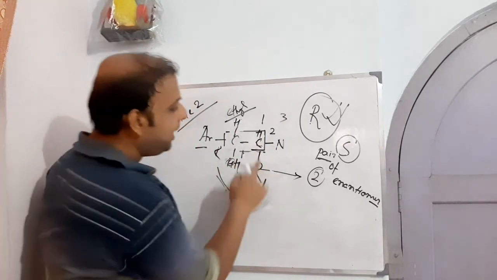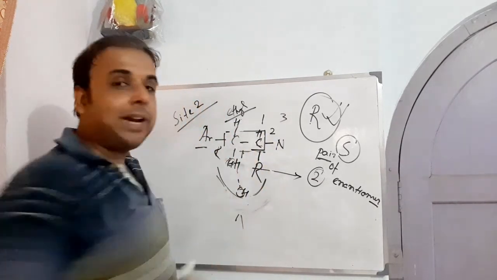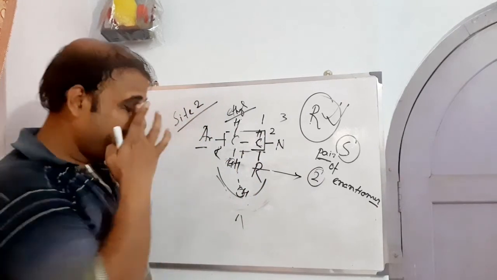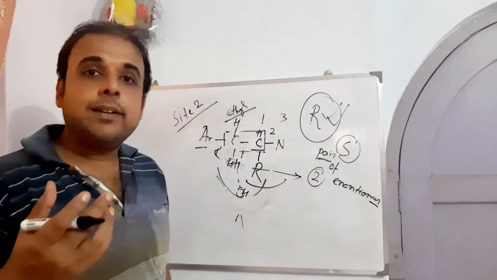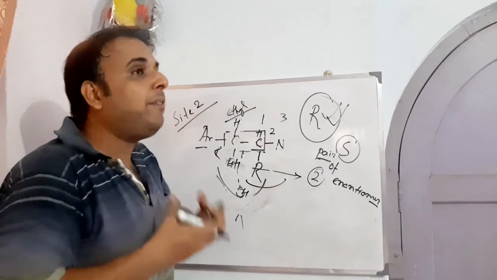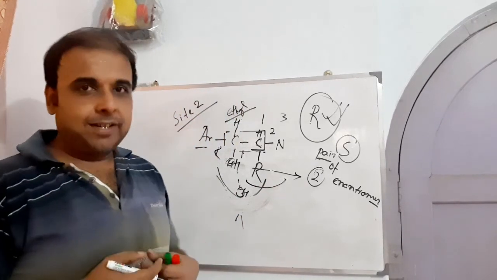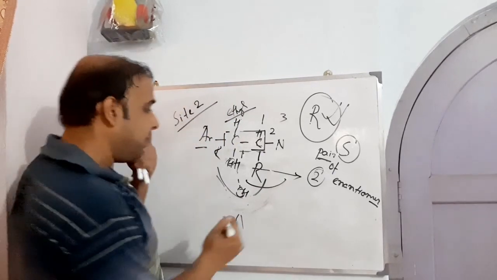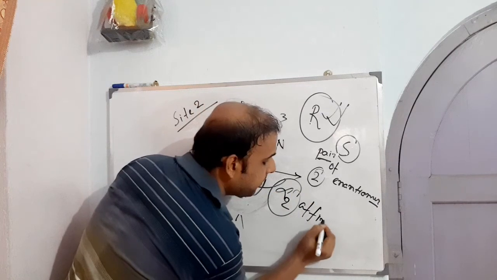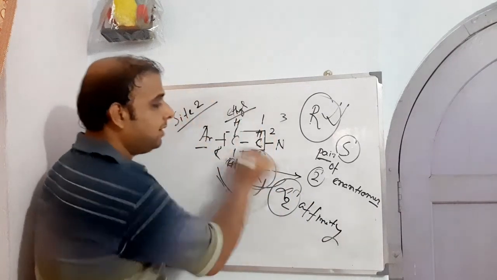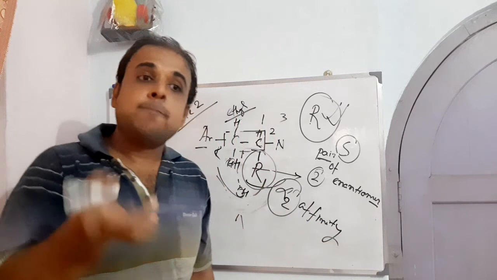The moment you put a smaller alkyl group at the alpha carbon, suddenly you have an agent showing more affinity towards the alpha receptor, preferentially the alpha 2 receptor. That means alpha 2 affinity increases when the alpha carbon is substituted with a smaller alkyl.